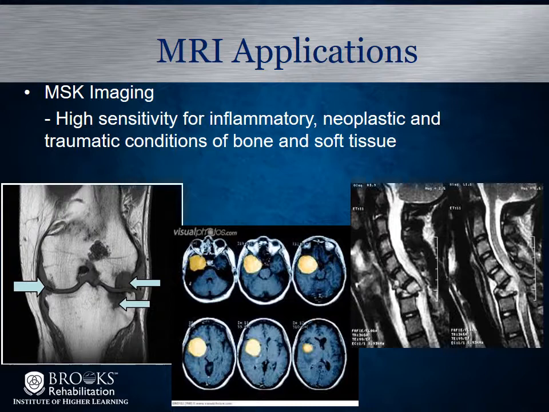I remember, I was in PT school from 83 to 85. I graduated in 85. And this is when the clinical applications first started rolling out. There were only probably two or three MRs in the whole country. And one of the first things that I remember people making a really big deal about was MS, which at the time had no way of diagnosing it objectively.